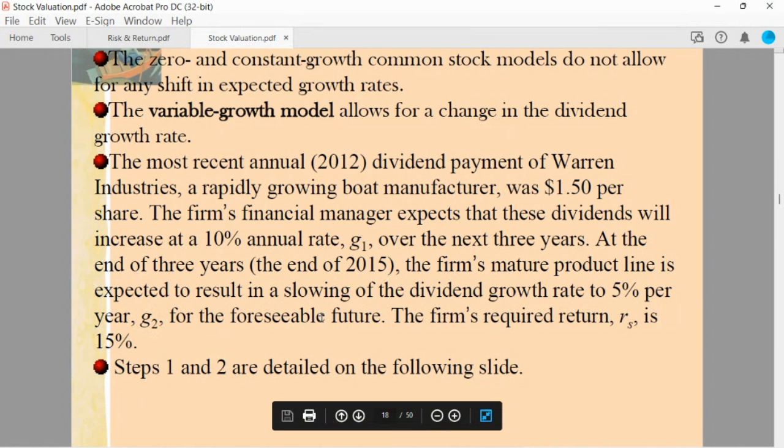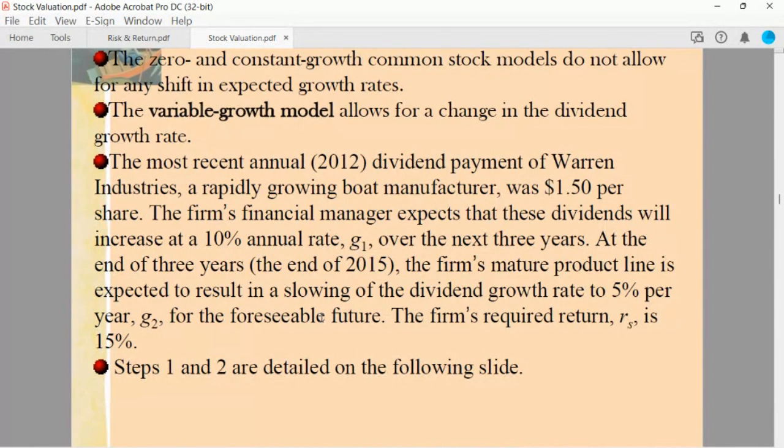Now, the foreseeable future is an expression that means almost the same thing as indefinitely, because as far as we can project, as far as we can forecast, we can only forecast as far as the foreseeable future.